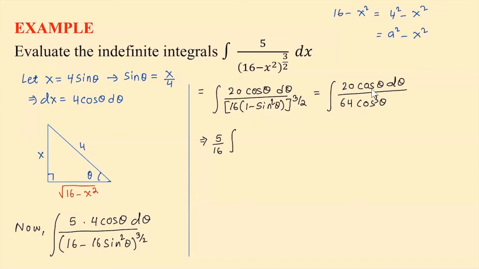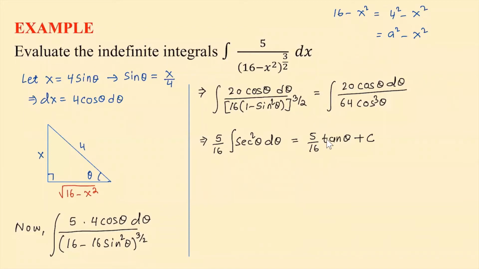And then the integral of cosine theta over cosine cube theta will be cosine square theta in the denominator, which is the same as secant square theta d theta. And that is equal to 5 over 16. From calculus 1, you know that the integral of secant square theta is tangent theta plus, since this is an indefinite integral, we need the constant of integration, plus c.